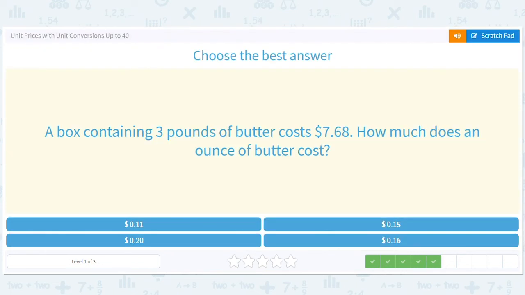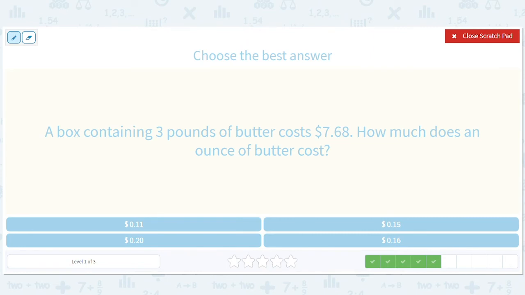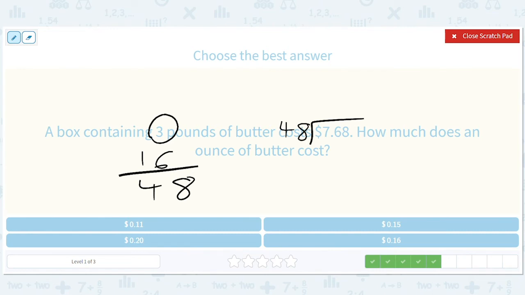A box containing 3 pounds of butter costs $7.68. How much does an ounce of butter cost? Okay, so again, 3 times 16 is not so bad. It's 48. Oh, so we'll just do it at once. So we'll do 768 divided by 48 ounces, right? The 3 times 16 told us how many ounces we had in all. So this will be 148.